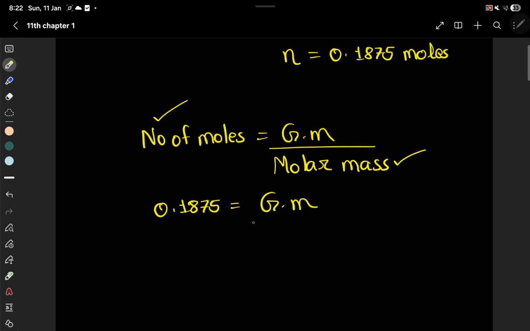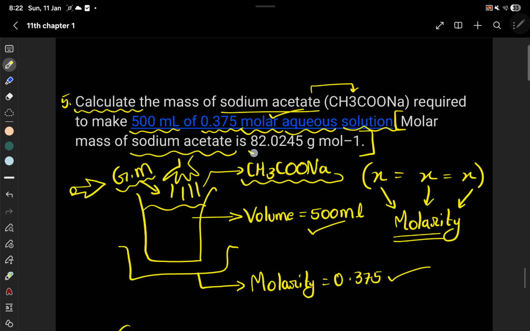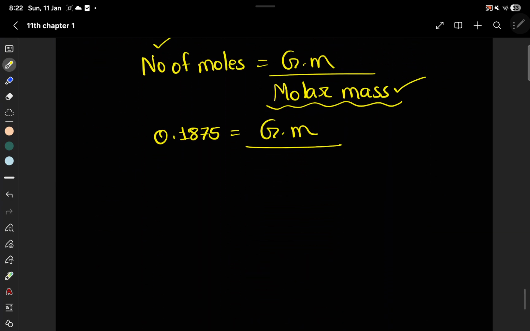In the place of given mass in the numerator, just write given mass. In the denominator, for the molar mass part, do recall that in the question itself they have given us the value of the molar mass for sodium acetate, that was 82.0245. Let me write it here, 82.0245.